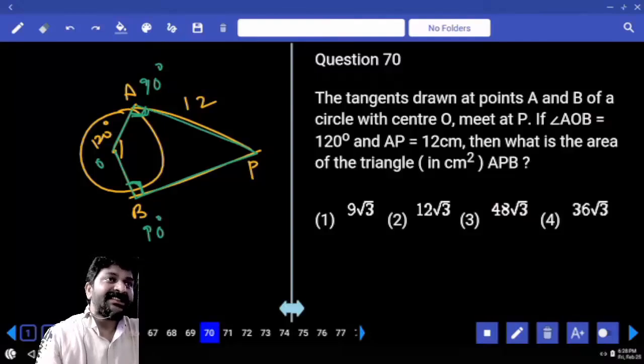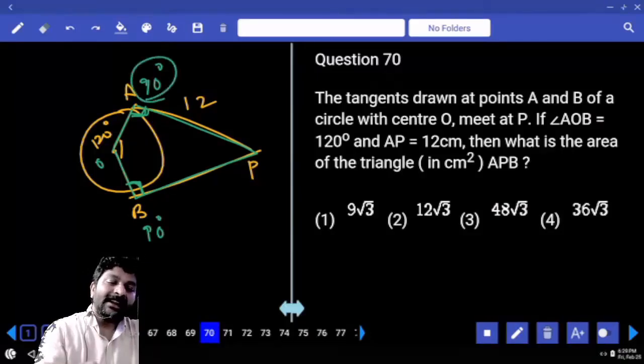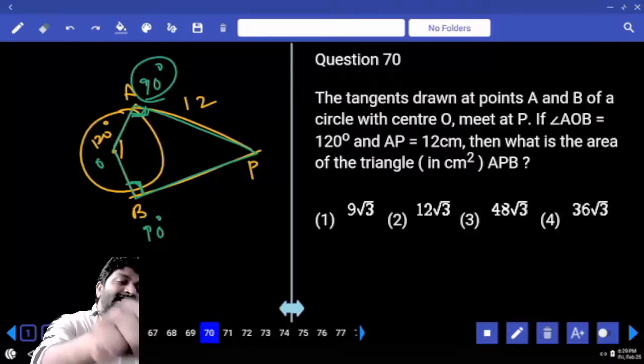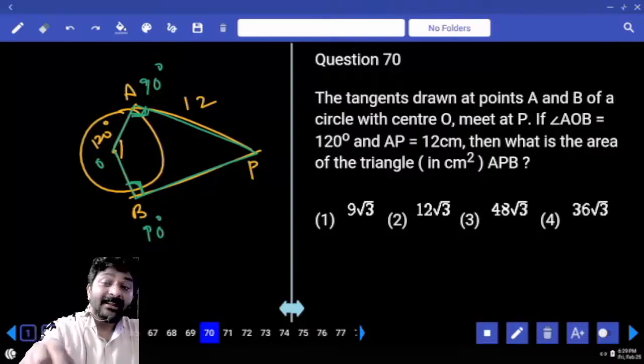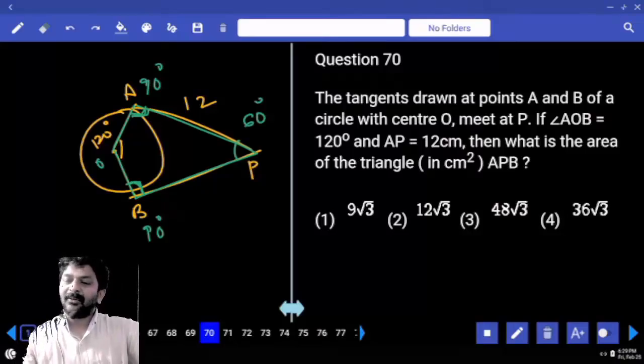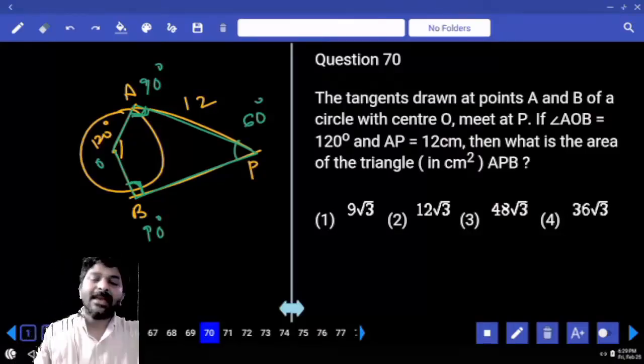Internal angles must sum to 360 degrees. Already we have 90, 90, which is 180, plus 120 is 300. Then the angle at P must be 60.